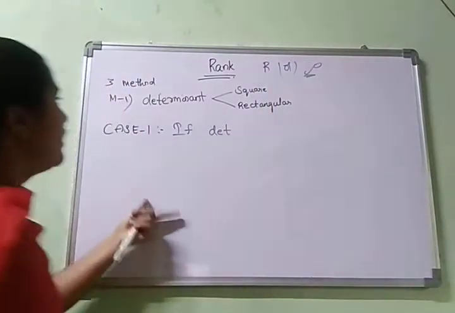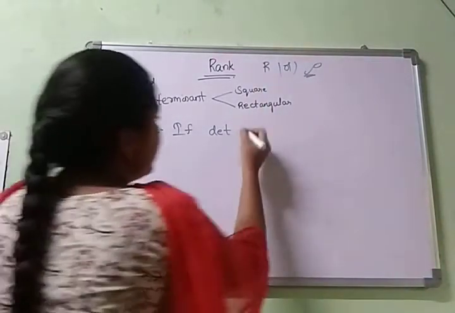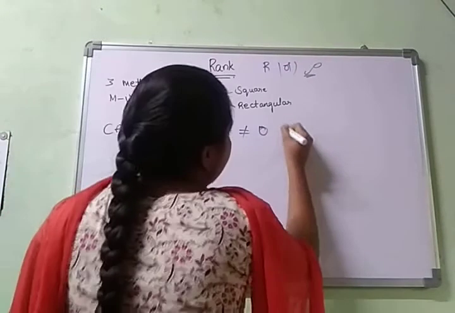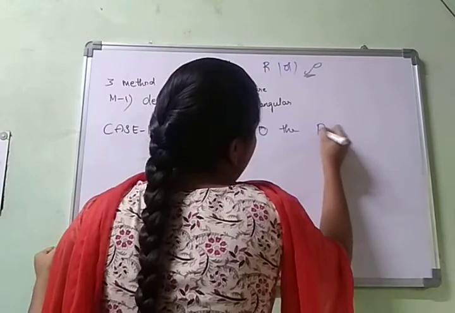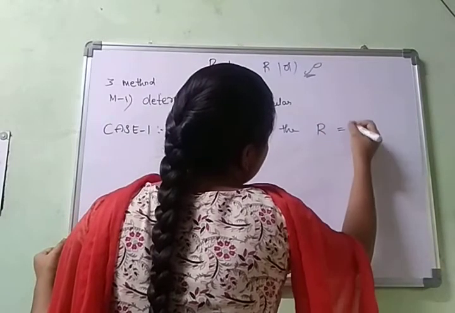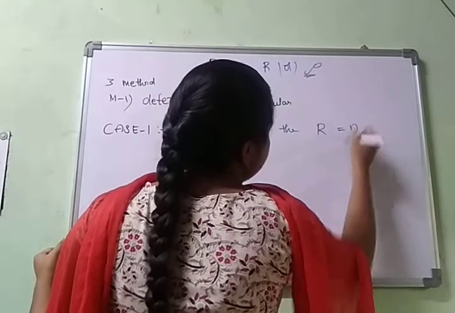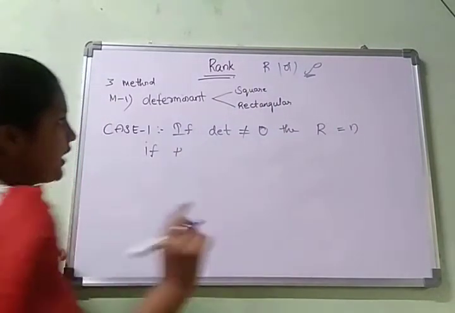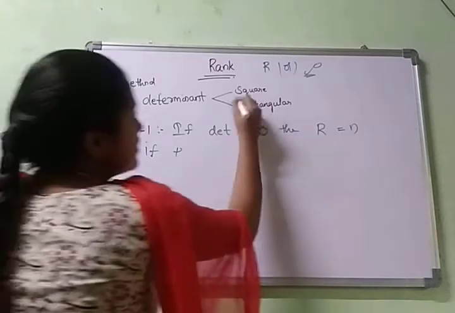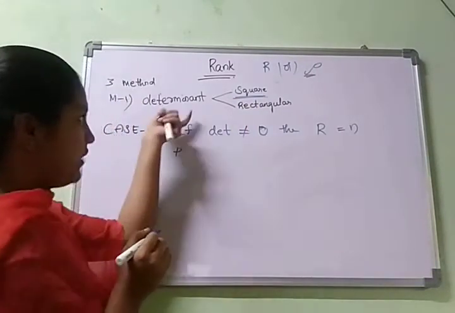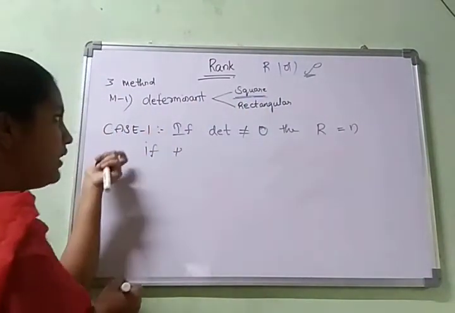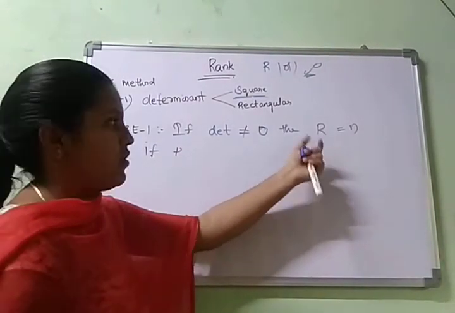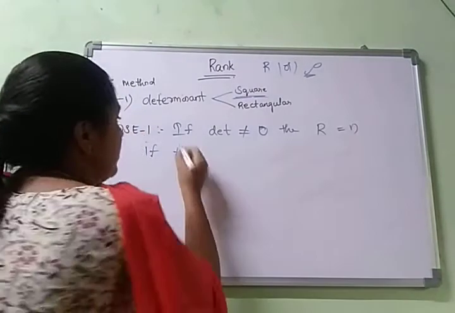Is it fine? So now in case 1, if the determinant is not equal to 0, then the rank of the matrix is equal to n. Here we are discussing square matrices; in the determinant method itself we are discussing square matrices first.